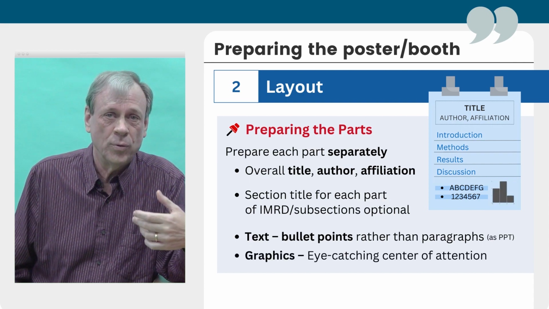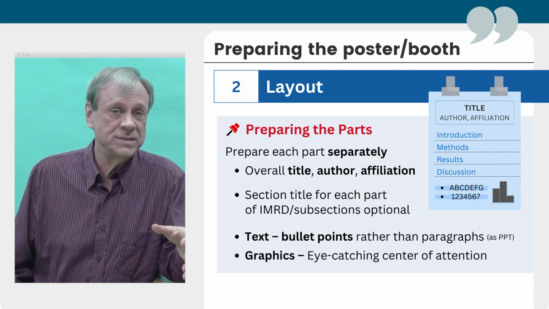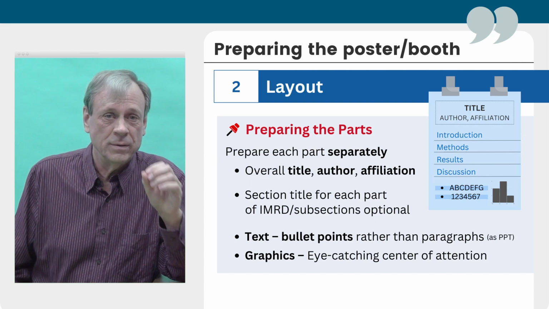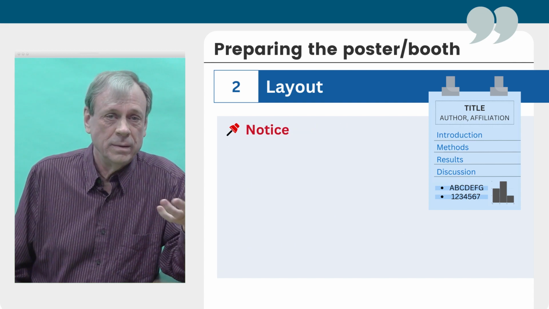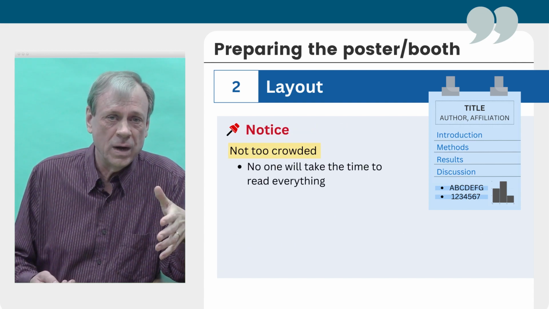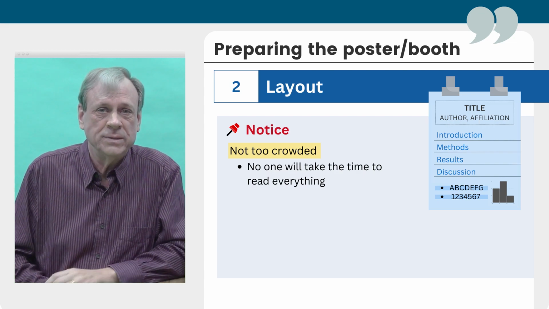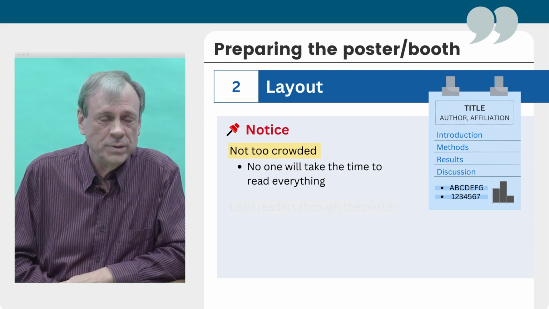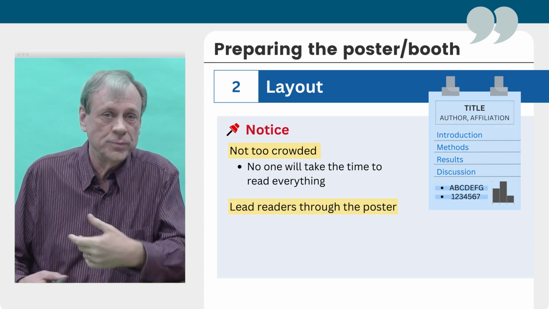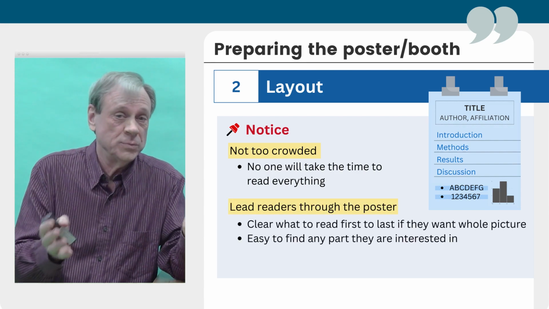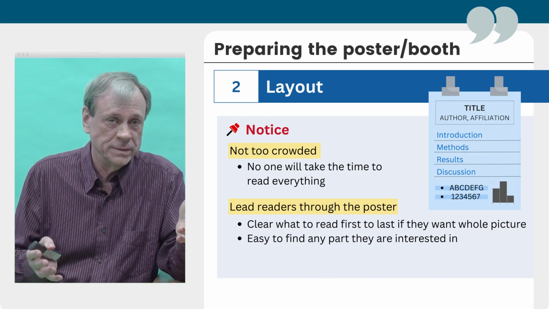Graphics are very important. They can be an eye-catching center of attention that will draw people in. But again, don't make it too crowded because then people won't take the time to read everything. But you can also try to lead people through your poster, just as we talked about with a table.